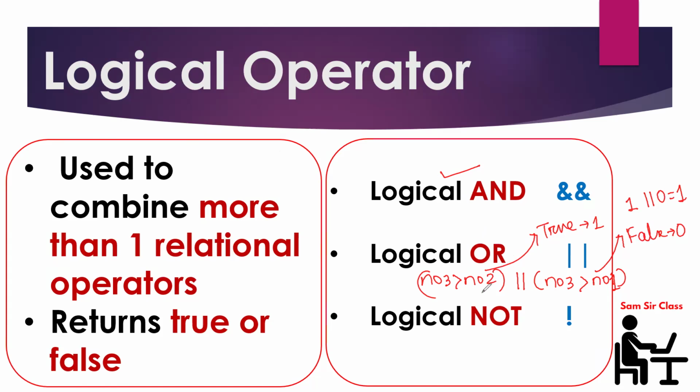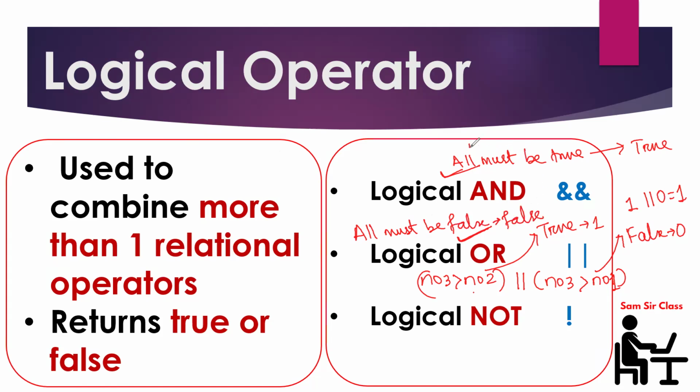Clear? But if we need to evaluate the logical OR as false, then all must be false, then only the logical OR will return false. Like logical AND, all must be true, meaning all expressions must be true, then it will return true. But in logical OR, all must be false, then it will return false.